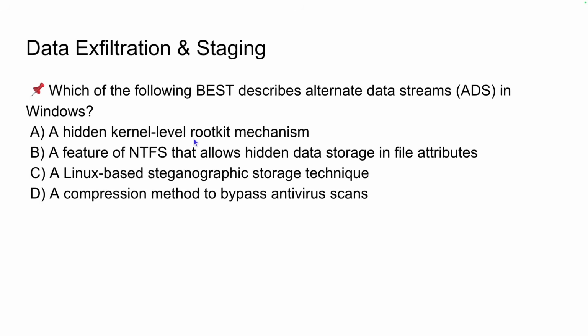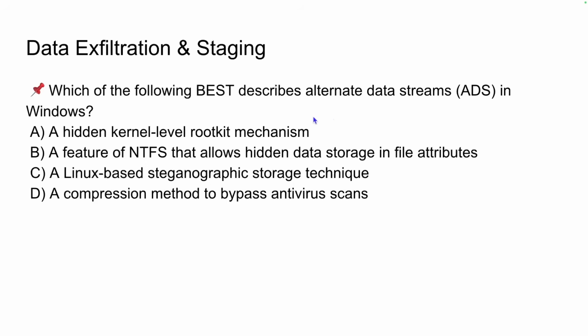Nice. Okay, great. Which of the following best describes alternate data streams, ADS, in Windows? A hidden kernel level rootkit mechanism? No. A feature of NTFS, so alternate data streams belongs to the file system that allows hidden data storage in file attributes. That sounds pretty solid. A Linux-based steganographic storage technique.